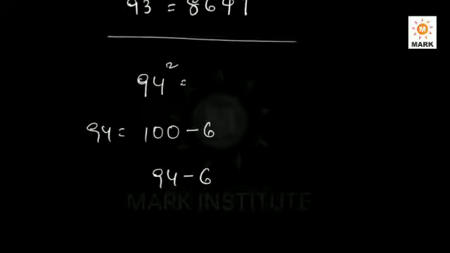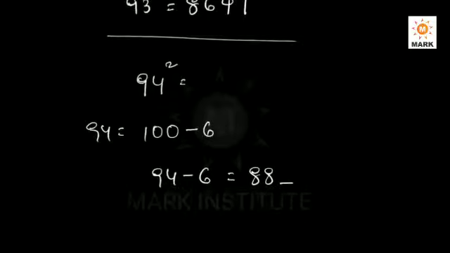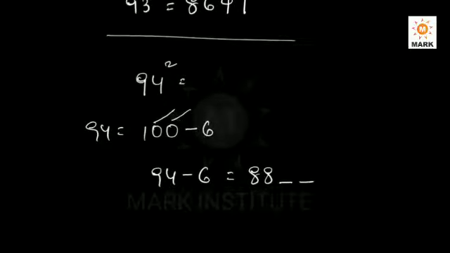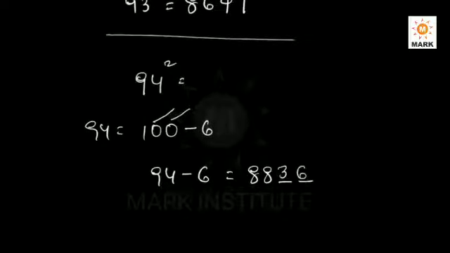What is 94 minus 6? It is 88. Afterwards, the number of zeros in 100 is 2. That's why I am writing 2 digits here. What should we write in these 2 digits? The whole square of 6. What is the whole square of 6? 36. The answer is 8836.